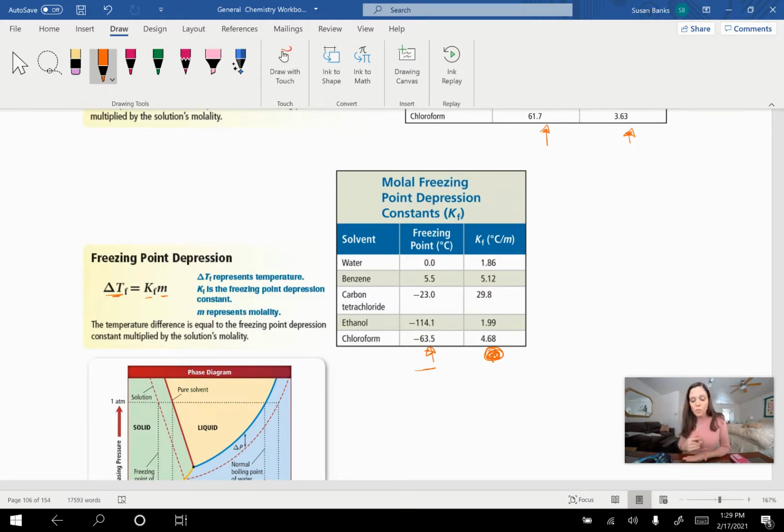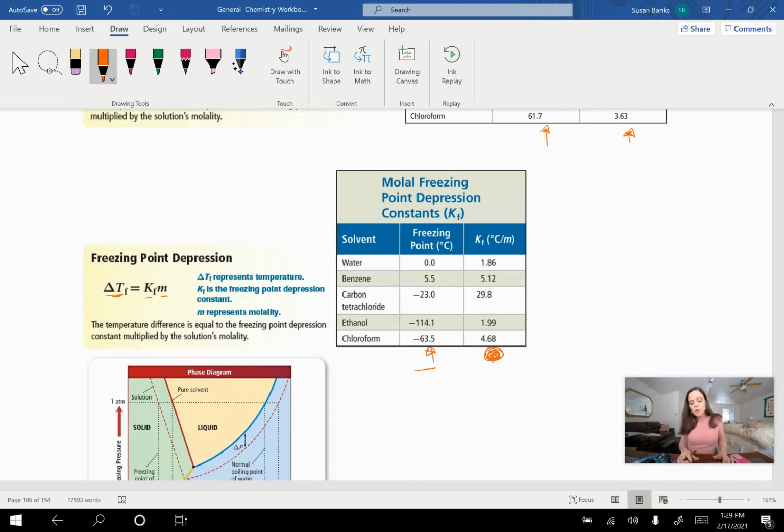Water changes 1.86 degrees per molal. Benzene changes 5.12 degrees per molal. Carbon tetrachloride, wow, 29.8 degrees per molal. That's a huge amount of change. Ethanol, 1.99, and chloroform, 4.68 degrees per molal.